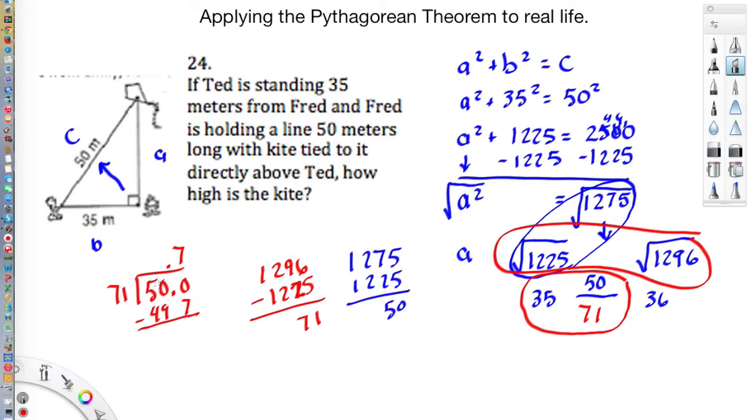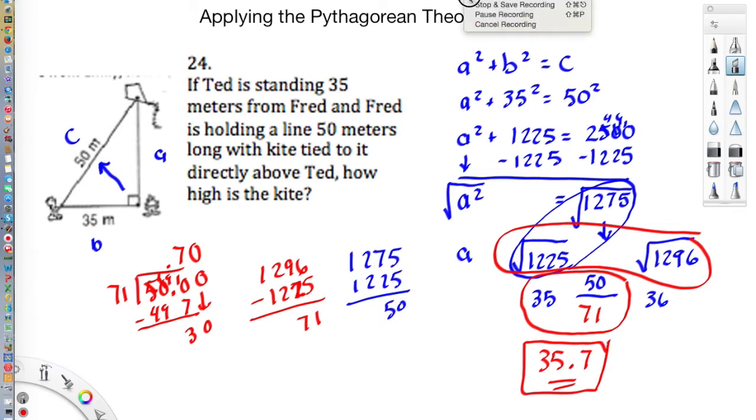I subtract, have to do some regrouping. 10 minus 7 is 3, 9 minus 9, so that's it. Then I bring a 0 down right there, and 71 goes into 30 0 times. I can stop right there. I'm going to say it's approximately 35.7. There is my answer to the nearest tenth.